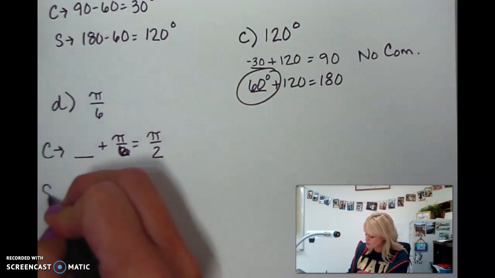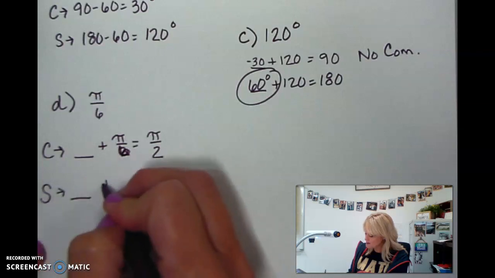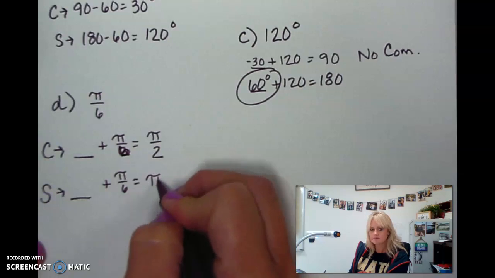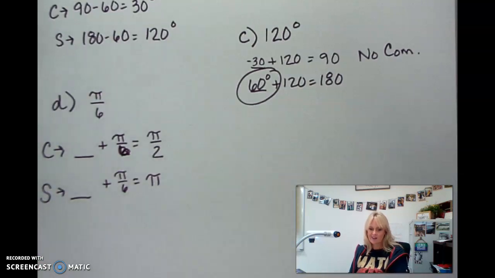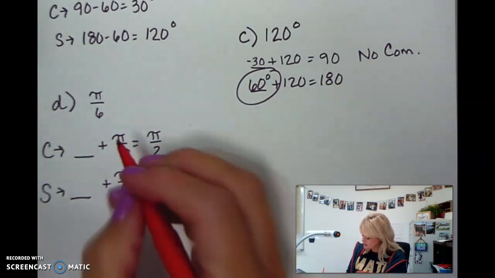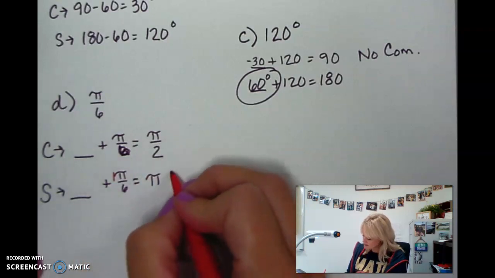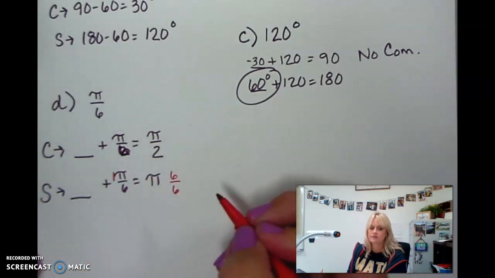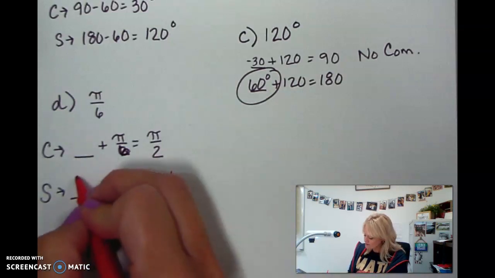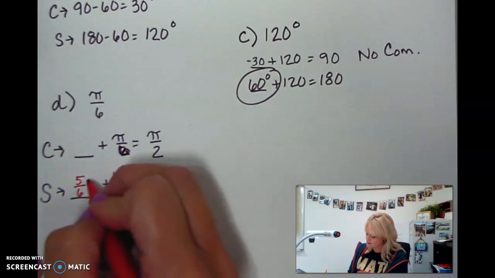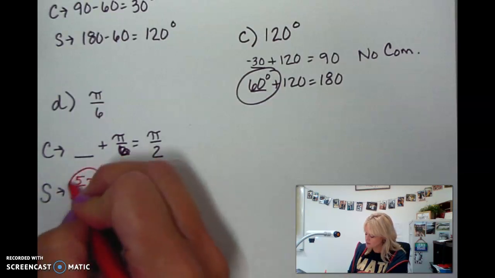For our supplementary angle, what plus pi over 6 is going to give us a full pi. Now, when we're talking about adding fractions, we have to have common denominators. So, this is like saying 1/6, and 1 pi is the same as 6/6. So, 5/6 plus 1/6 gives us 6/6. And then I'm just going to throw the pi symbol on there.